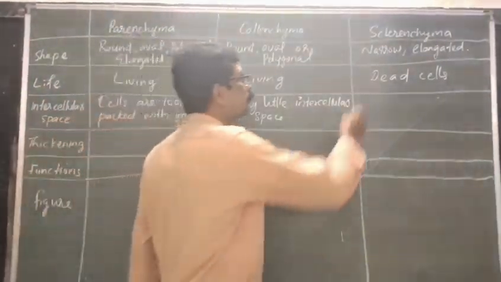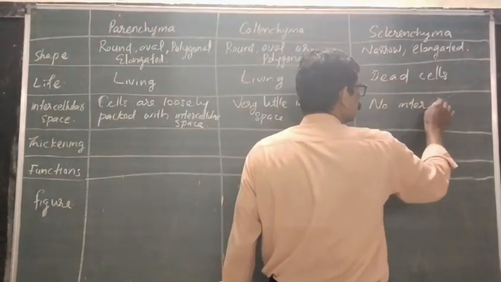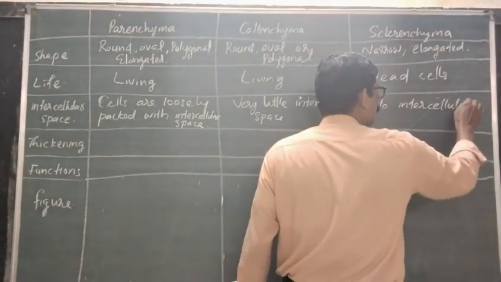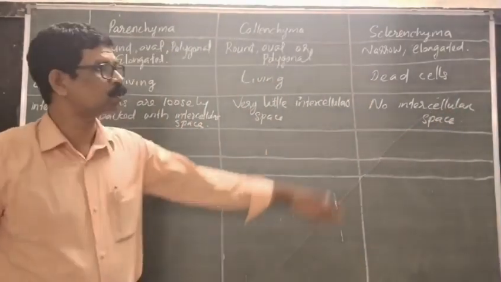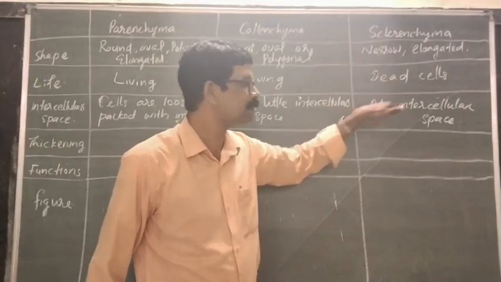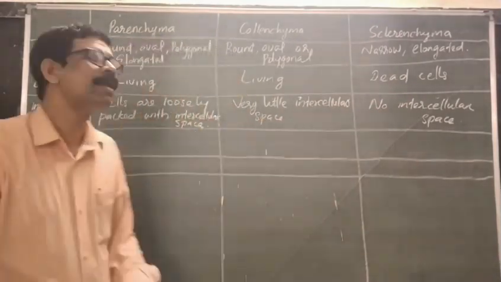But in case of sclerenchyma, there is no intercellular space. The sclerenchyma cells are actually dead cells, arranged so closely without any intercellular space.